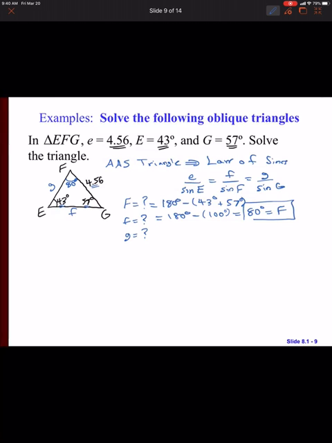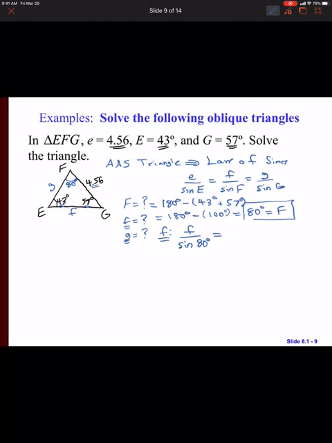Now here's where our trig comes in. So we need to find the 2 sides. So let's go ahead and find, for example, side f. So if we want to find side f, let's use our law. So law of sines says what? f over the sine of angle F. Well, angle F we just found to be 80 degrees equals what?